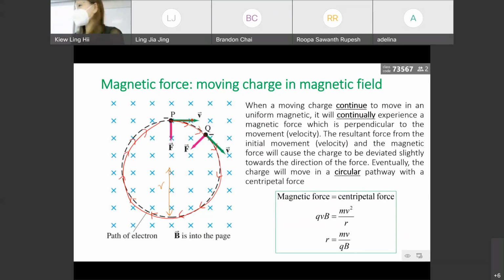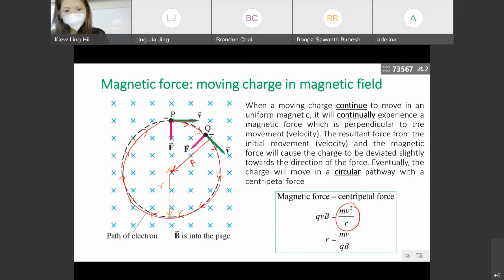In circular motion that you learned in first semester, anything moving in a circular pathway is tied to a centripetal force. Am I right? So this centripetal force is equal to mv squared over r.